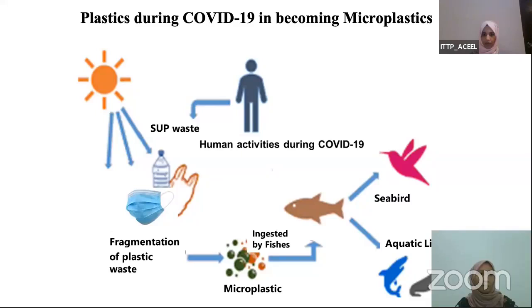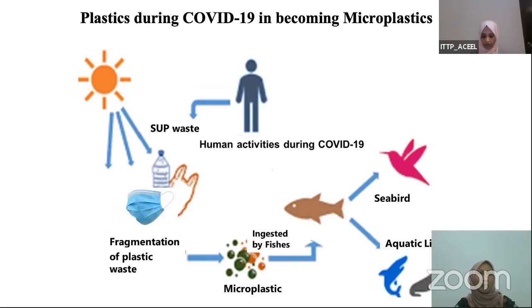However, we predict that plastic during COVID-19 is becoming microplastic. How does plastic become microplastic? The mechanical character of plastic varies depending on its molecular weight. Thus, the degree of deficiency will radically weaken the material.